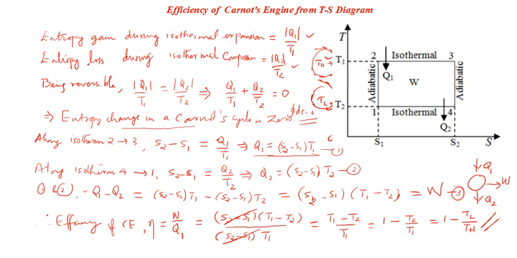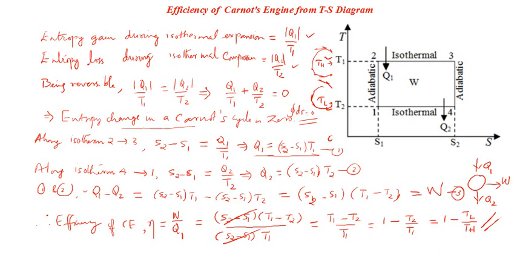Now in this discussion we have just considered the heat entry and other things. We can even have a straightforward derivation for the efficiency of a heat engine from the TS diagram, which is not much different from what we have done right now.